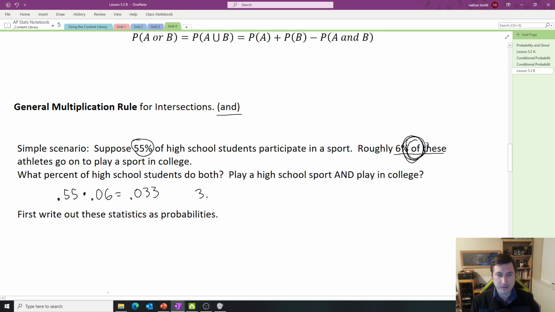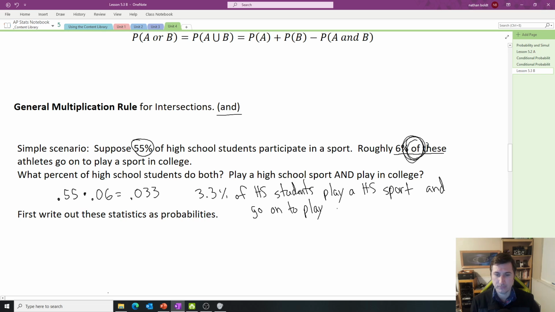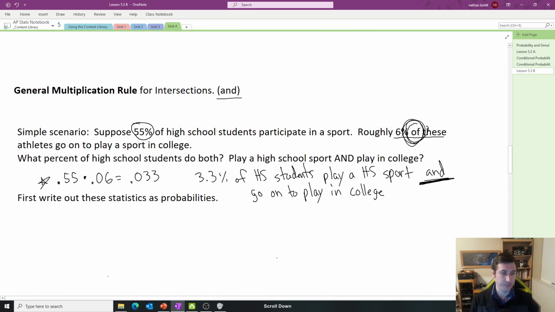So 3.3% of high school students play a high school sport and go on to play in college. And so we're going to use this idea. That gives us our "and" statement. We're going to build our formula off of this example right here.